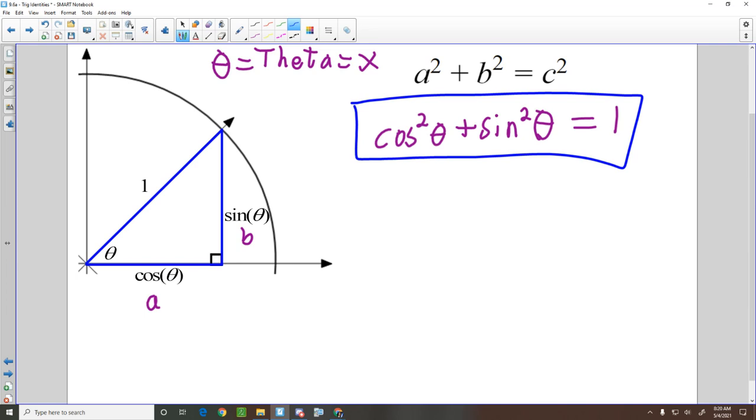Now, an identity is supposed to be a way that if I take a trig function or some combination of trig functions, I can simplify it to make it smaller. Look at the left side of this equal sign and compare it to the right side. Is one side a lot easier, a lot simpler than the other side? Yeah, imagine if you have to take this cosine of some angle and square it, then add the sine of that angle and square it as well. That's a lot of calculations you would have to do.